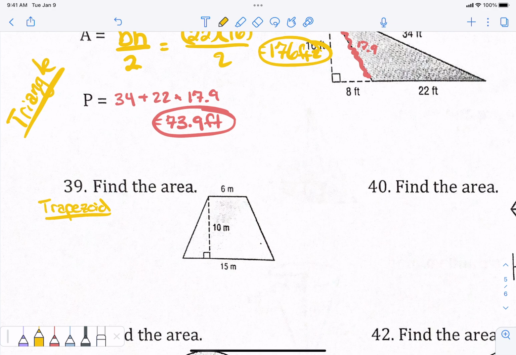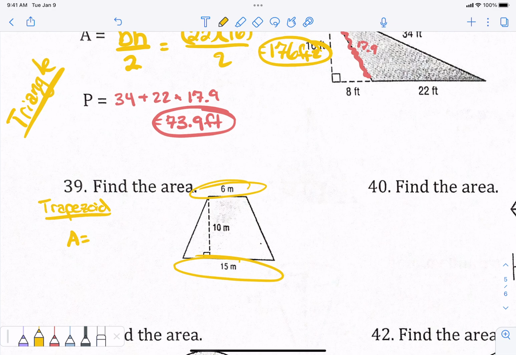Okay. Do you know area of a trapezoid? Okay, so I always just think base times height, base times height, base times height. Except this one. You could do a triangle plus rectangle. Well, you can do an easier formula than that. As a last resort, you could do 2 triangles and a rectangle. But to make it easier, I was thinking base times height, except this one has 2 bases, 15 and 6. So which base do we use? We use the average of the 2, right?